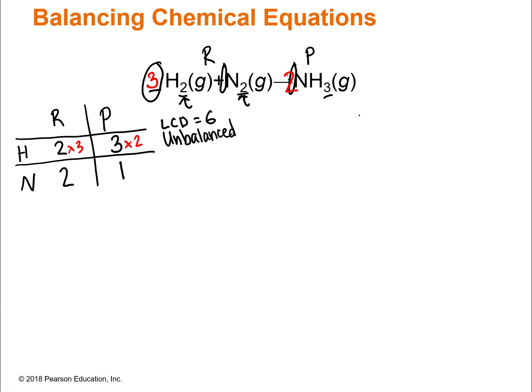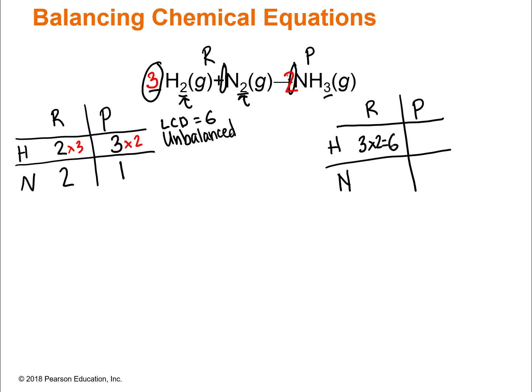Then we're going to make another chart. After each change, it's nice to take a lay of the land and see how many of each atom you have now. So now we've got 3 times 2 hydrogens, which is 6. And we still have 2 nitrogens on the reactant side.